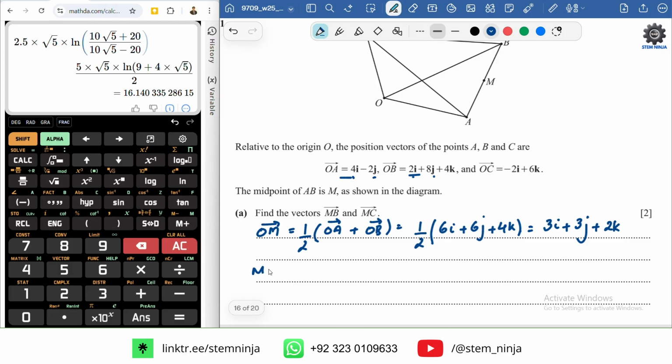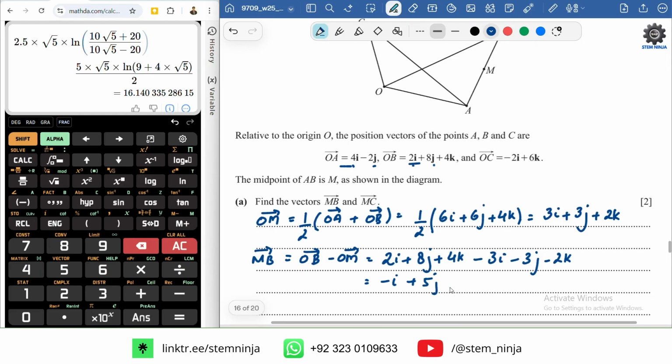So MB would be OB minus OM. So this is 2i plus 8j plus 4k minus 3i minus 3j minus 2k. So this one would be minus i, 8 minus 3, 5j, and 4 minus 2, 2k.